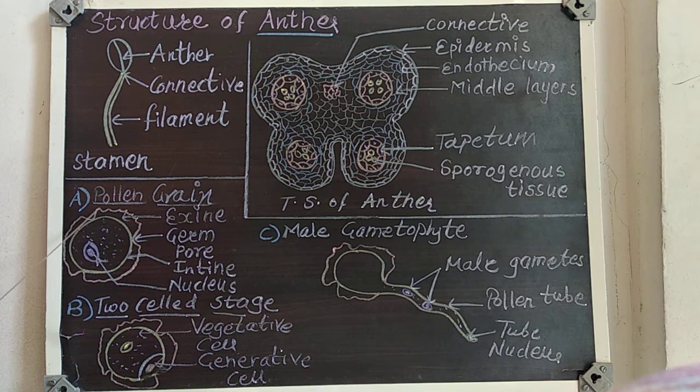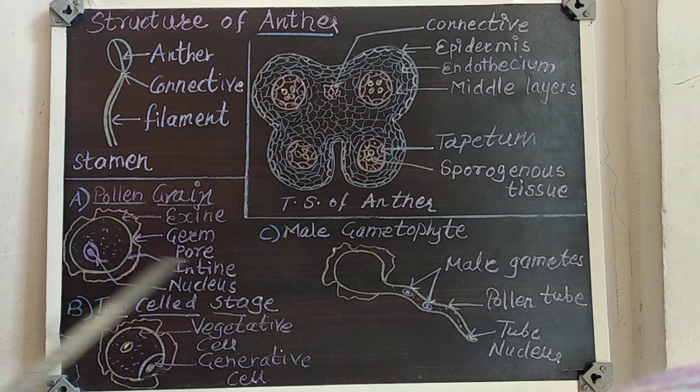It consists of the openings, those are called as germ pore. The exine is non-biodegradable. Germ pore helps to emerge the pollen tube during the germination of pollen grain. Inner layer is called as intine, which covers the cytoplasm, and here haploid nucleus is present.